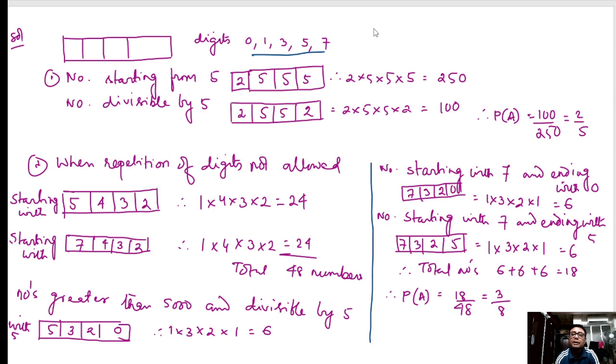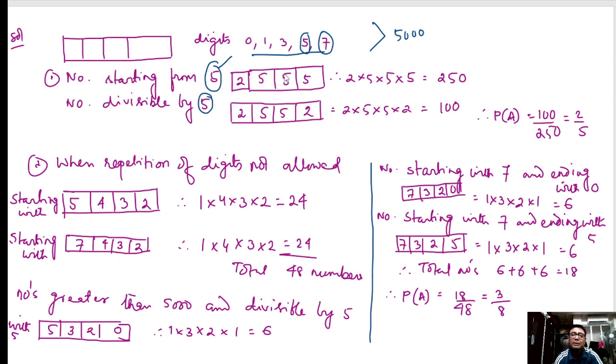If you have to make a number greater than 5000, that means only two digits, 5 and 7, can come first. So for numbers starting with 5, you can repeat the digits. How many digits are there? This. The number starts with 5, and that number should be divisible by 5 also. These two conditions we have to see: it should be greater than 5000 and it should be divisible by 5.